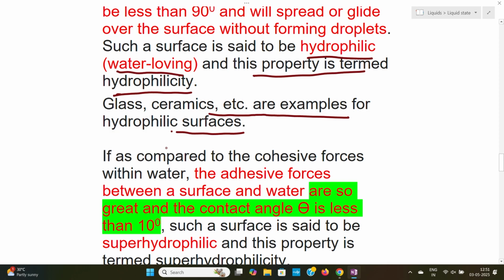Now, let us see what are superhydrophilic surfaces.